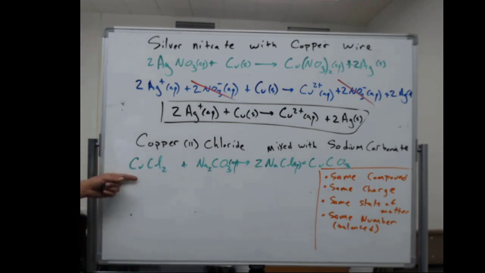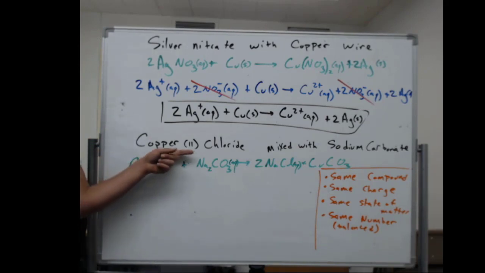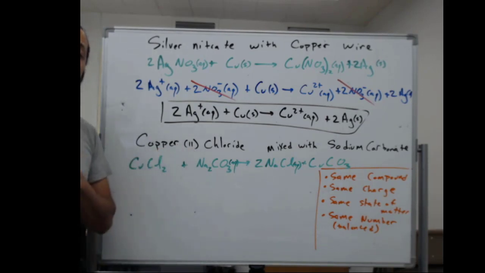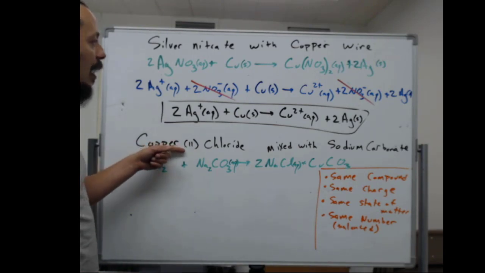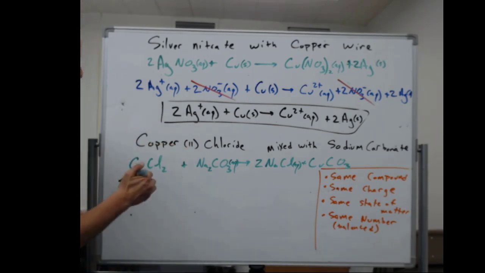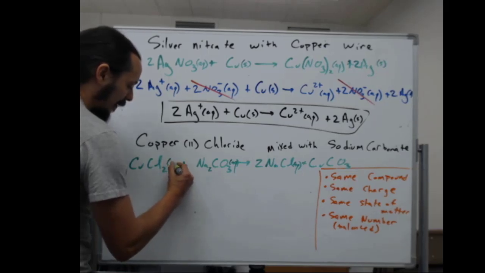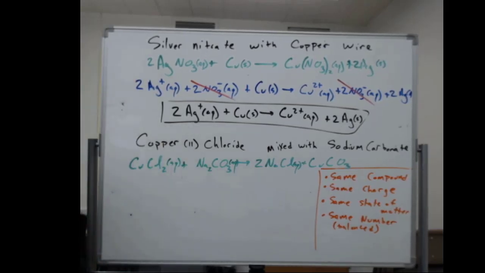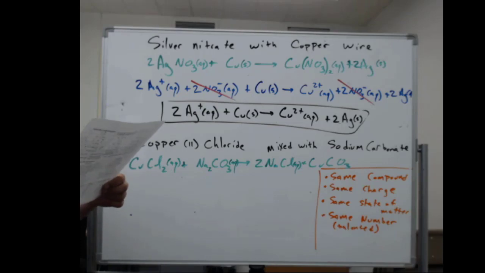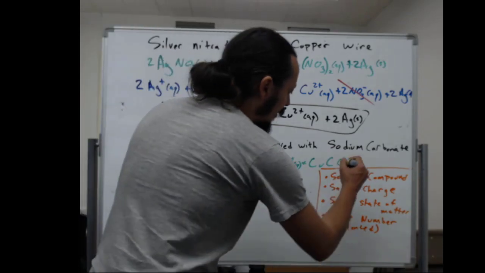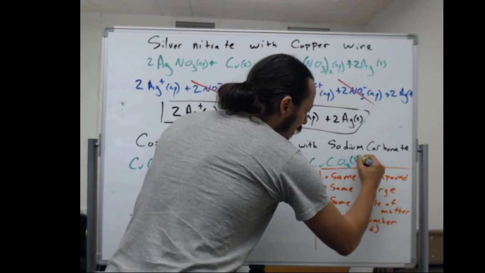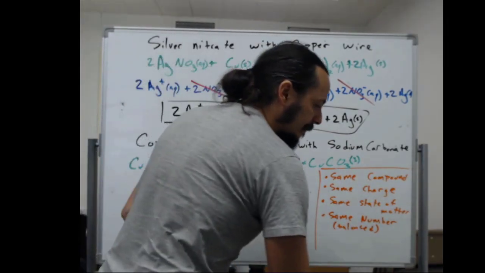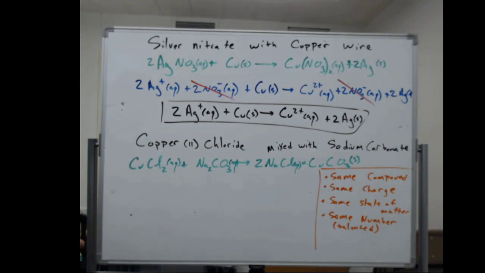This is actually really important because copper +2 and copper +1 have different solubility rules. So knowing that this is copper +2 is really important for us to be able to say that that's aqueous. Insoluble rule number 2 says carbonates are insoluble. So we know that this copper carbonate is going to end up making a solid.